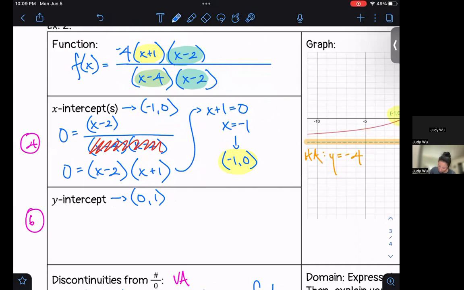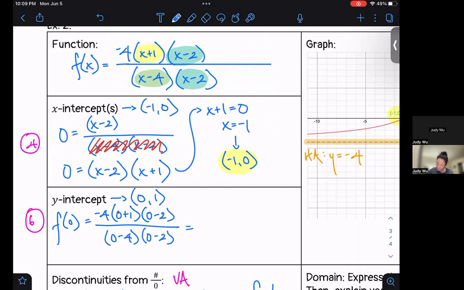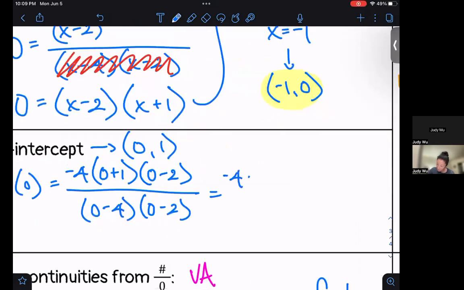So f of 0 equals -4 times 0 plus 1 times 0 minus 2 over 0 minus 4 times 0 minus 2. All right, -4 times 1 times -2, that's going to be 8, over -4 times -2 is 8.